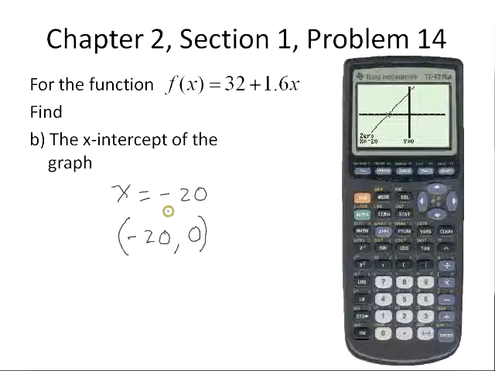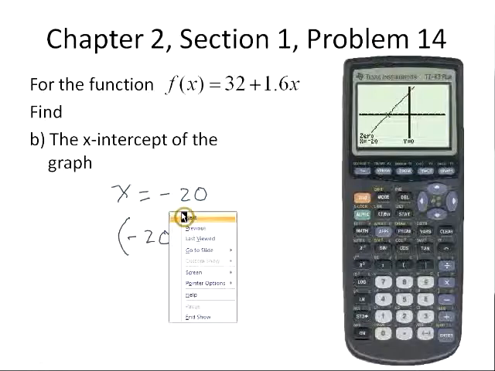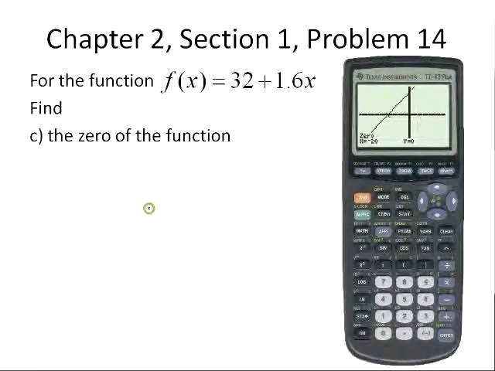This completes Part B. In Part C, we ask for the 0 of the function. The 0 of the function is the value of A where the function is equal to 0.